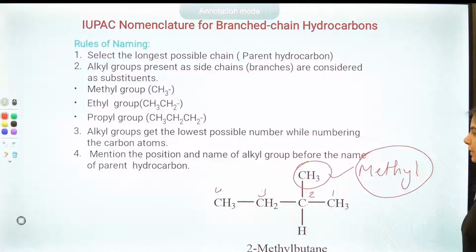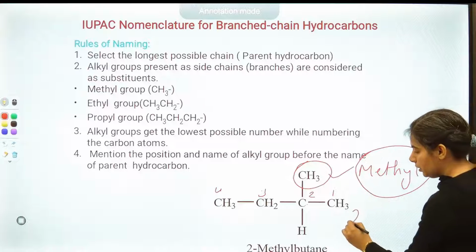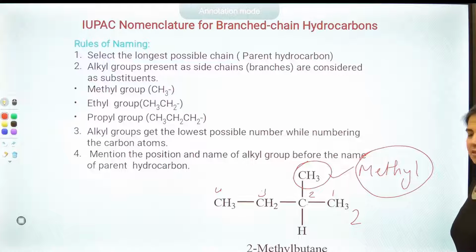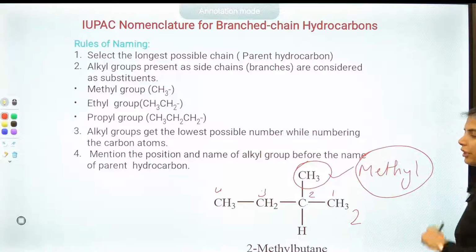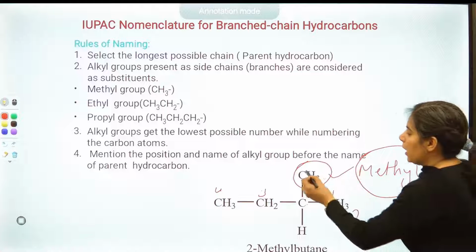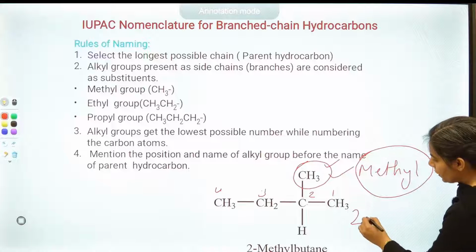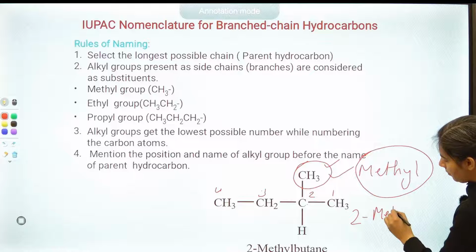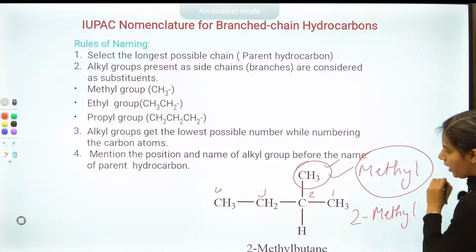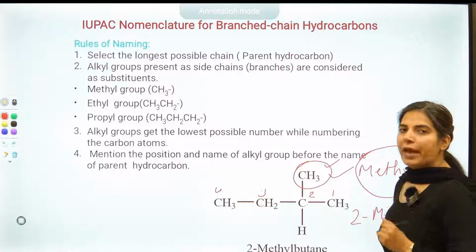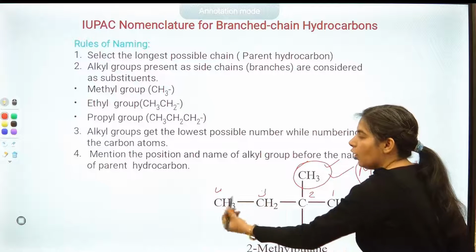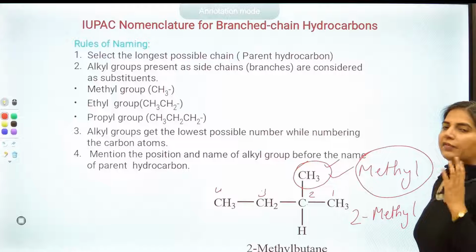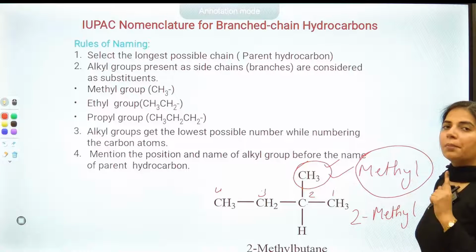So firstly we mention the number where the alkyl group is present. It is present at number 2. Now we will mention the name of the alkyl group, and our alkyl group is methyl. So we mention methyl. And after that we have to give a name to our parent chain, and our parent chain contains 4 carbons, and for 4 carbons we are using but.